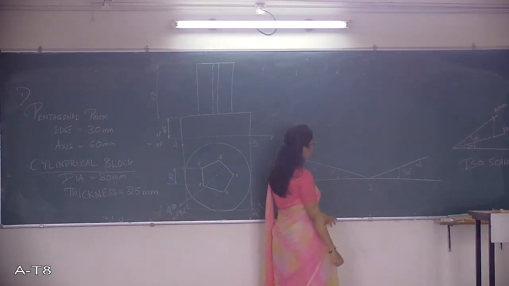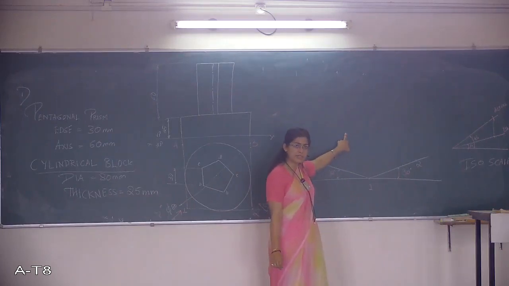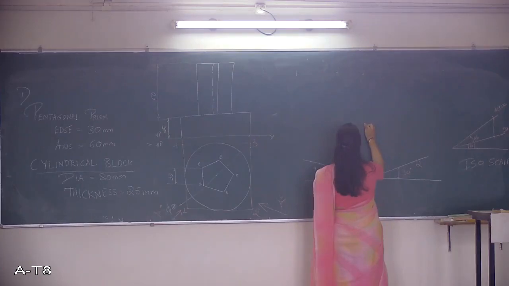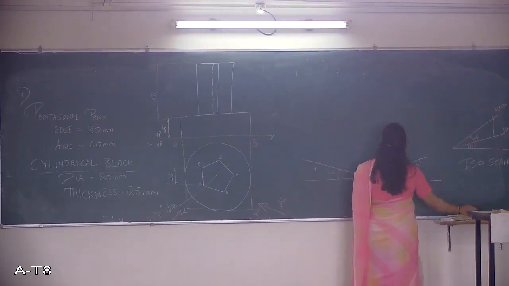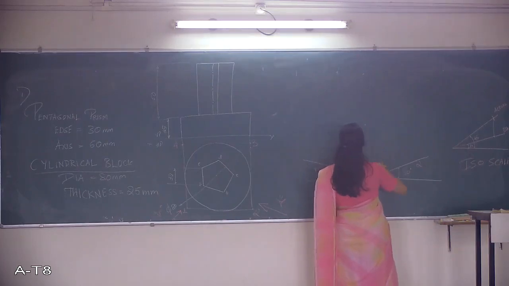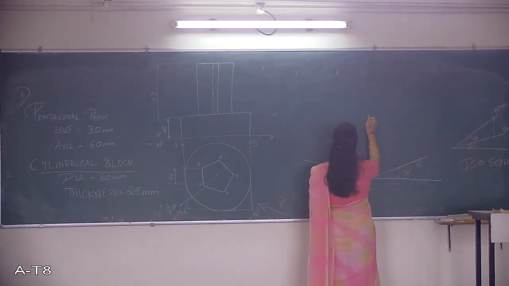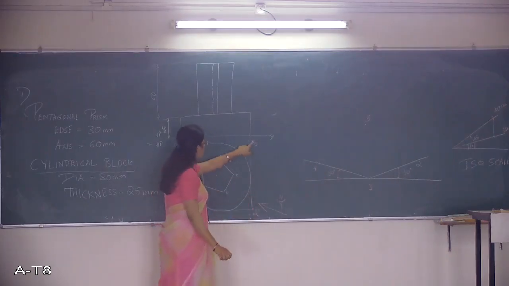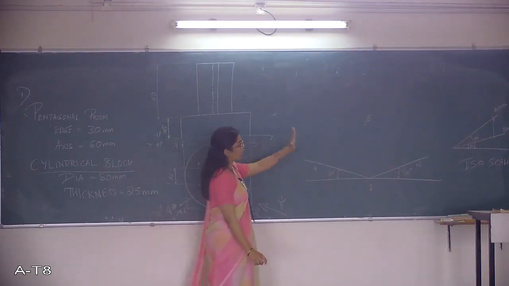You can cut an arc to get the new reading, that is 3. So this is the point of intersection here where we get 3. So I have marked 1, 2, 3 and 4 by referring to the iso scale.